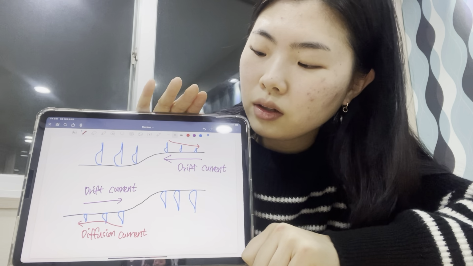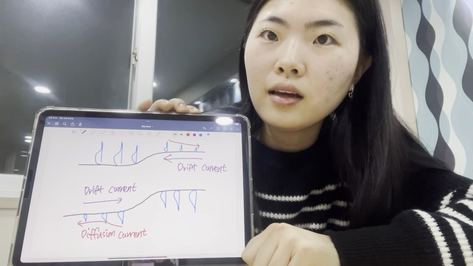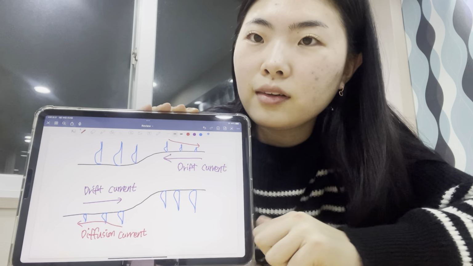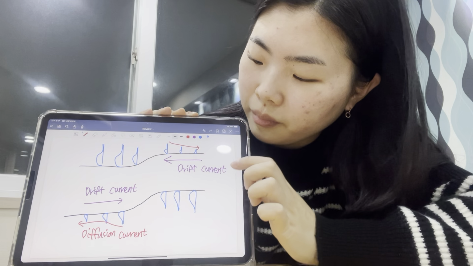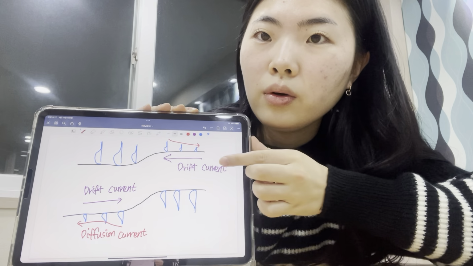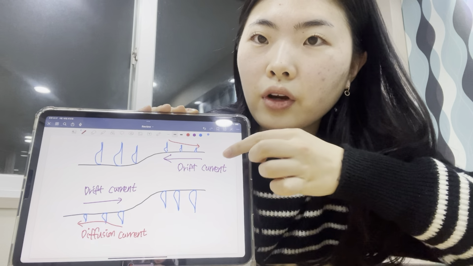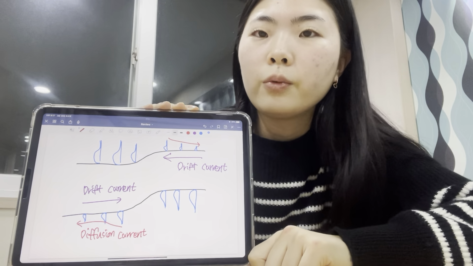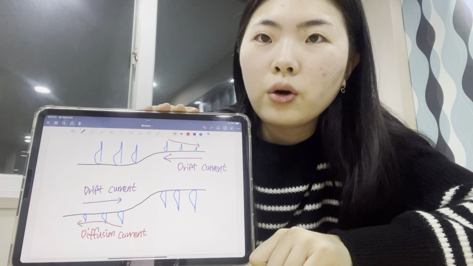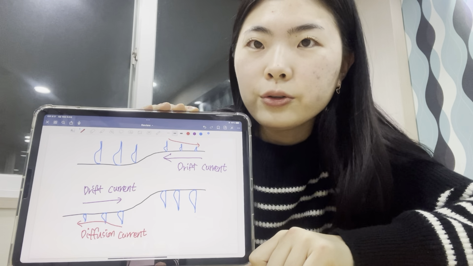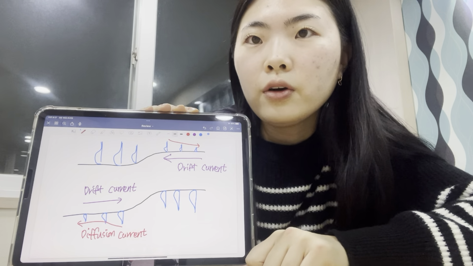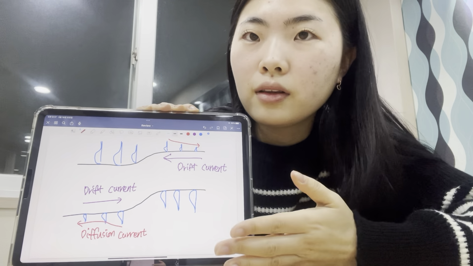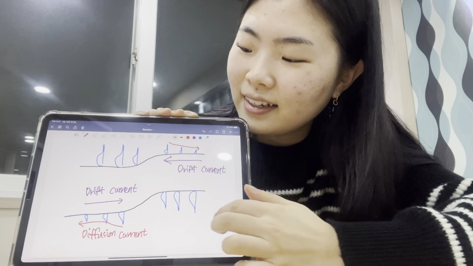On the right side, the same thing happens as on the left side, so drift current and diffusion current also flow in the p-type. So we should know how and why those currents flow like that, because of the concentrations.